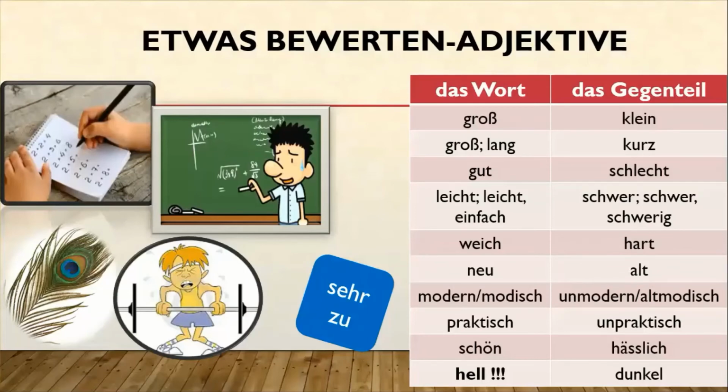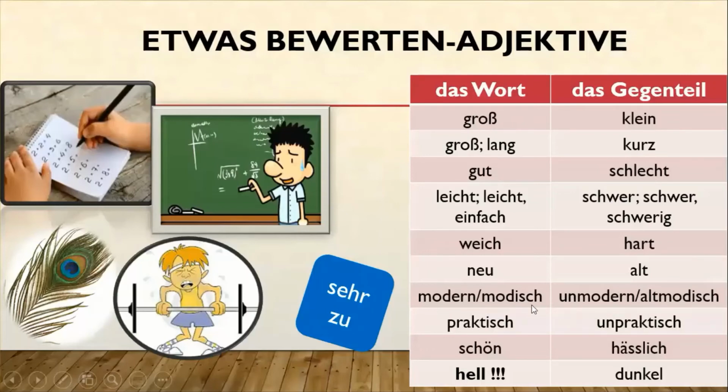Then if something is modern and something is old-fashioned, we can have two possible combinations. We can use modern, written like in the English language, but pronounced differently, unmodern.